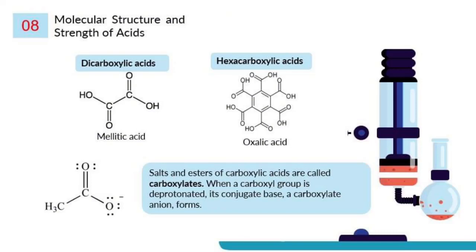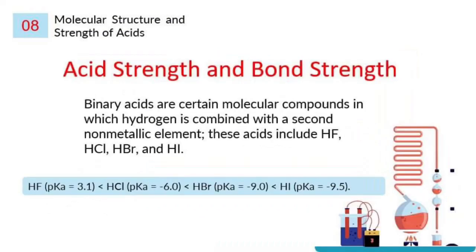This increased stability compared to the corresponding carboxylic acid contributes to the enhanced acidity of carboxylic acids relative to alcohols. Binary acids are molecular compounds composed of hydrogen combined with a second nonmetallic element. Examples include hydrofluoric acid, hydrochloric acid, hydrobromic acid, and hydroiodic acid.